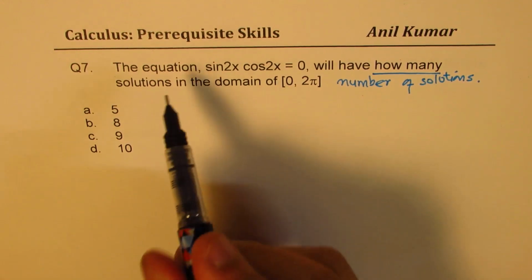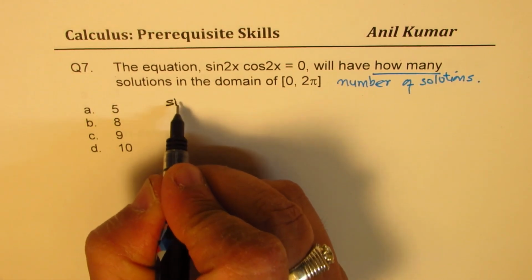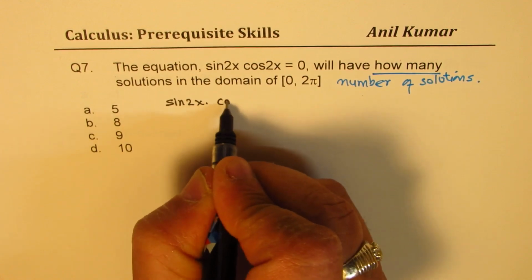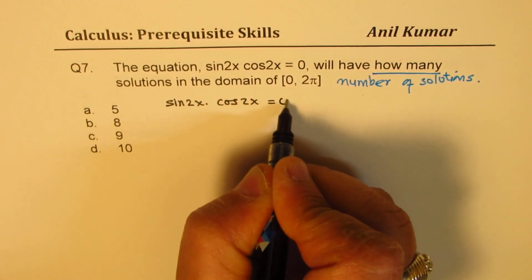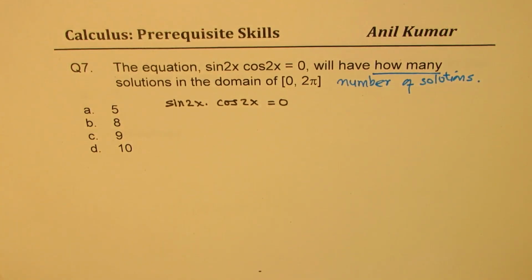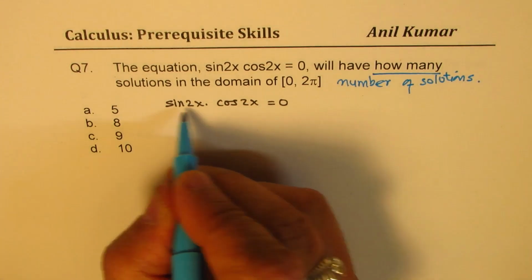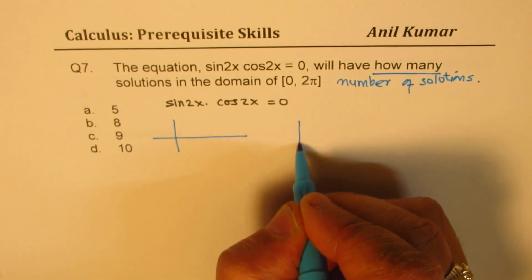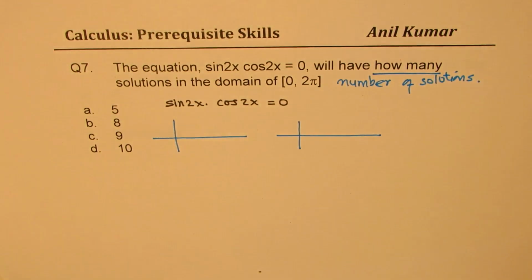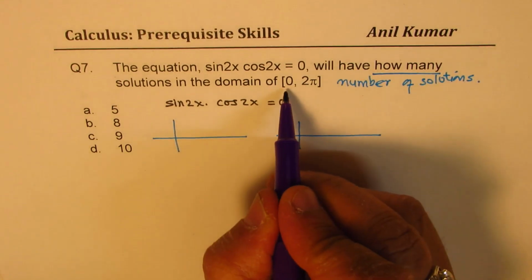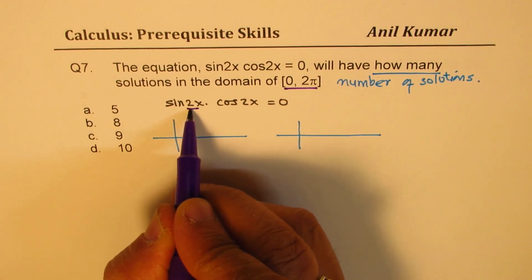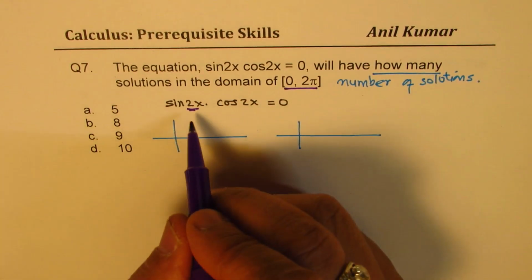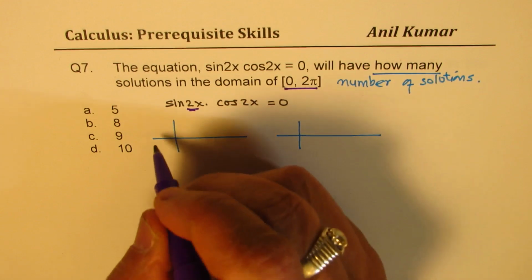I will show you the solution in 2 different ways. One, you could consider the equation given to you, which is sine 2x times cos 2x equals 0. Now, for the solutions, either sine 2x is 0 or cos 2x is 0, right? So both are possible, correct? Now, the interval for us is 0 to 2 pi, so sine 2x will have 2 waves in 0 to 2 pi, correct?